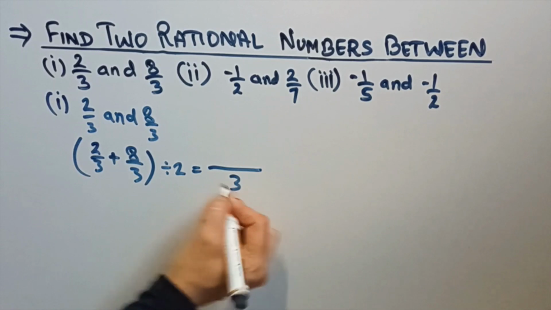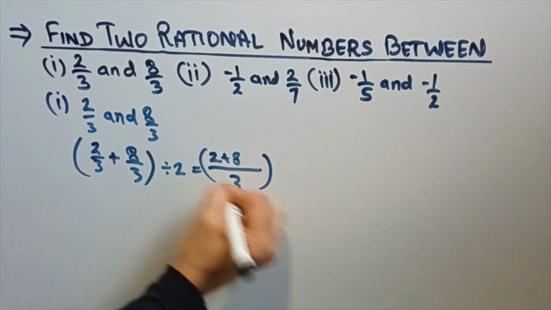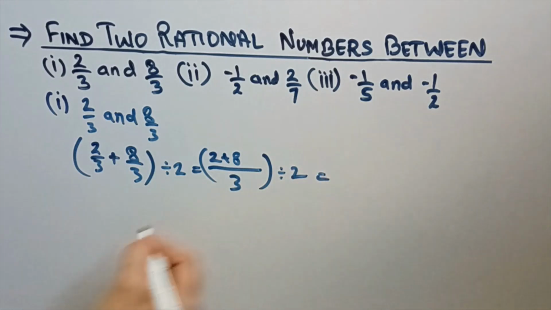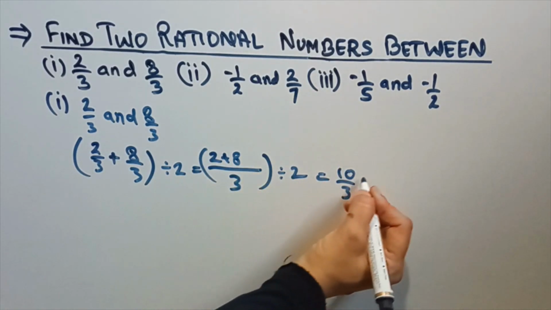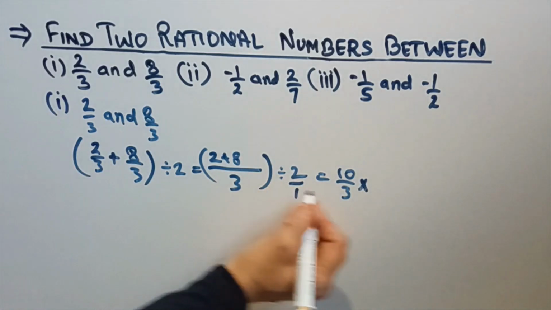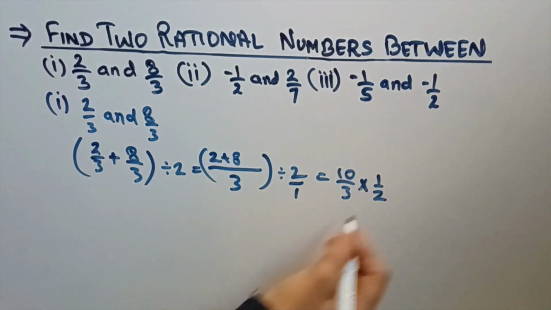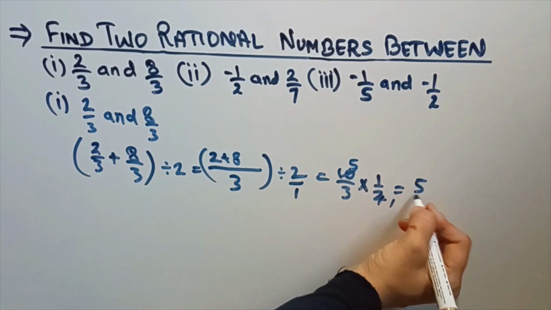So 3 as it is, and we'll add the numerator. 2 plus 8 divided by 2. 2 plus 8 is 10 by 3. Now division, I am putting a multiplication sign and we'll take the inverse of this. This 2 by 1 will become 1 by 2. Now 2 1s are 2, 2 5s are 10. So this is 5 by 3.